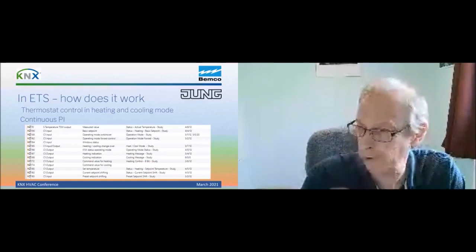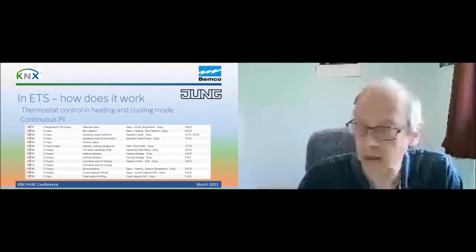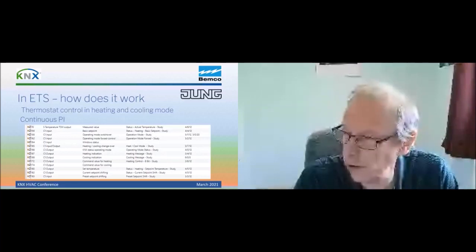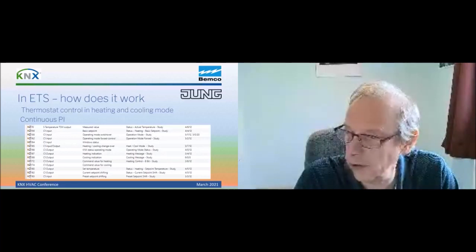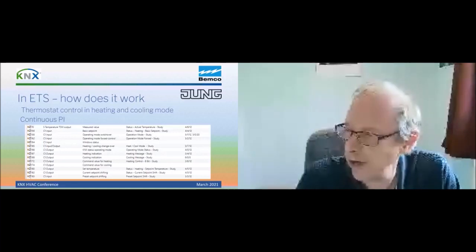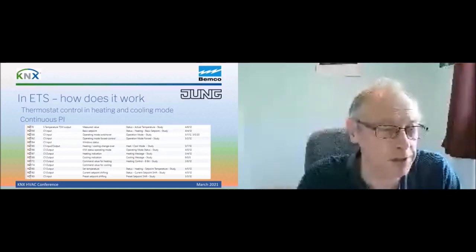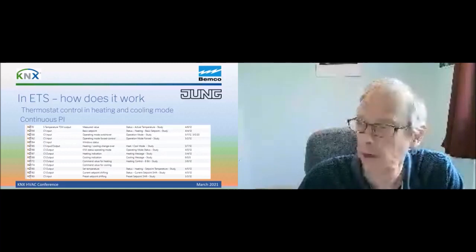The thermostat within the room controller is there, and that is doing all the things we would expect of a thermostat. We have the room temperature available to us. We can send that to the visualization that we've got.